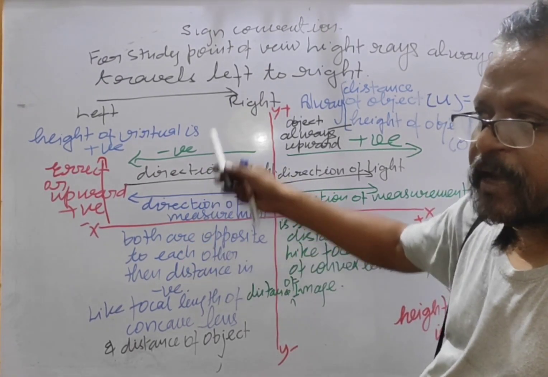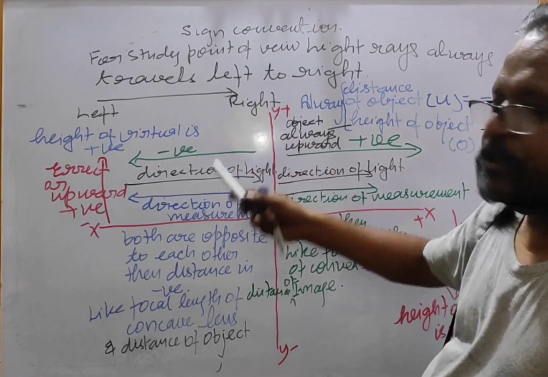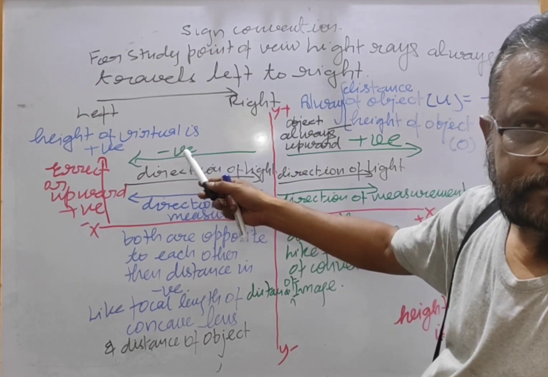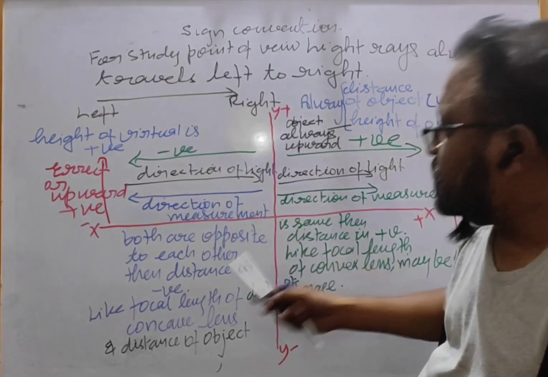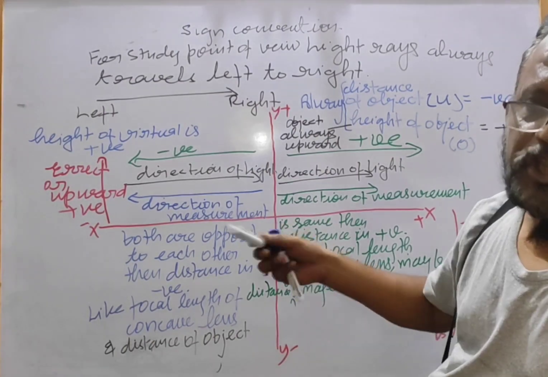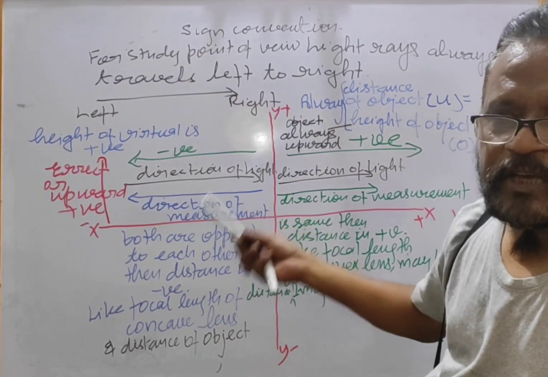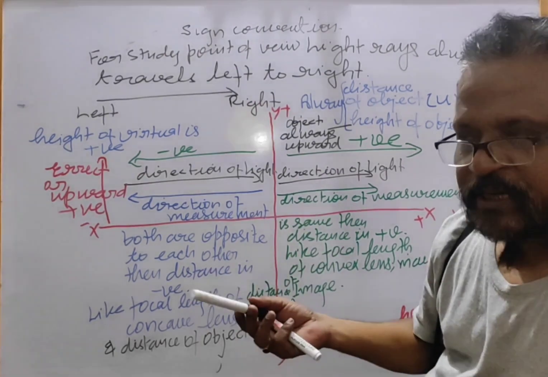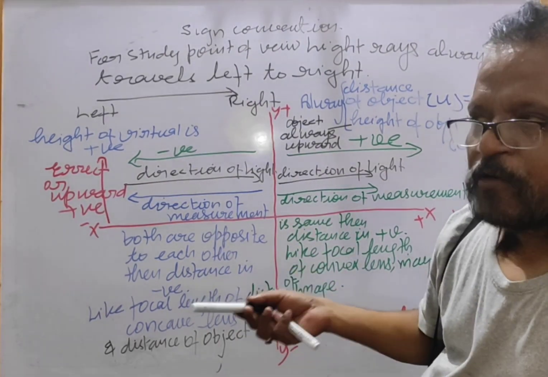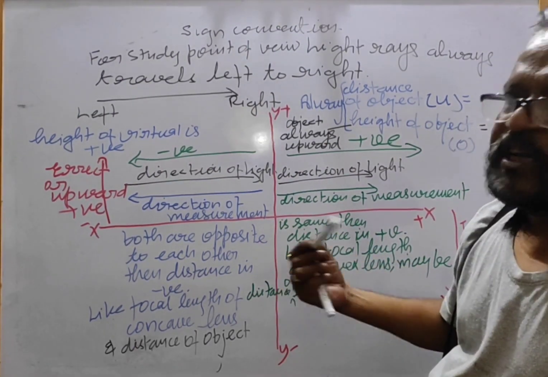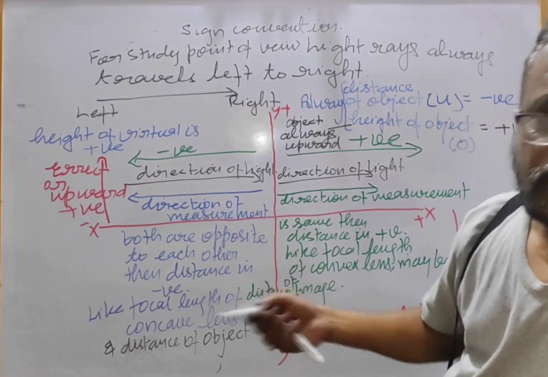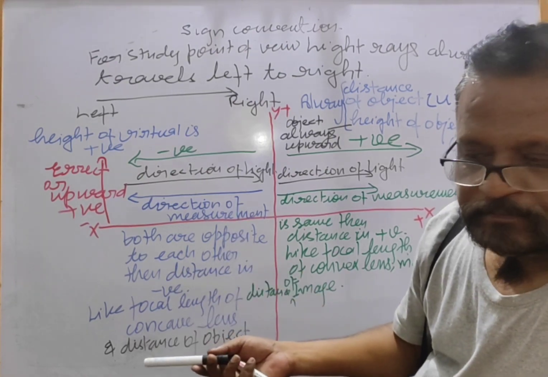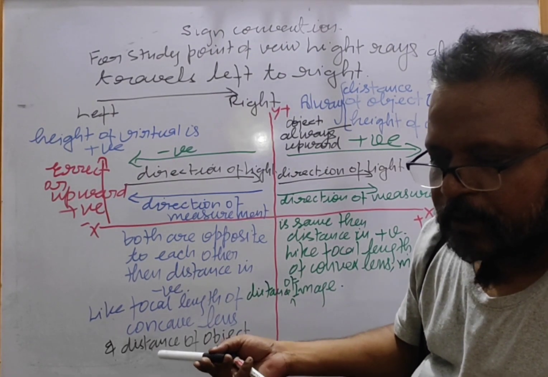When it is upright or in upward direction, its height is positive, right? Remaining things depend upon the position of object. Image formation is based on the position of object. Where is the object? On that basis, the image will be formed. So distance of image can vary on the position of object in front of the lens or type of lens. I hope you understand.